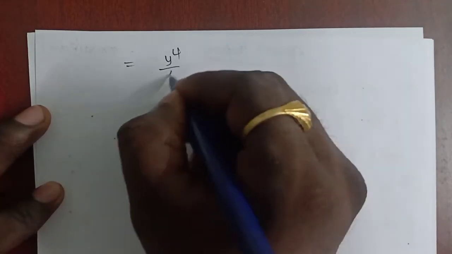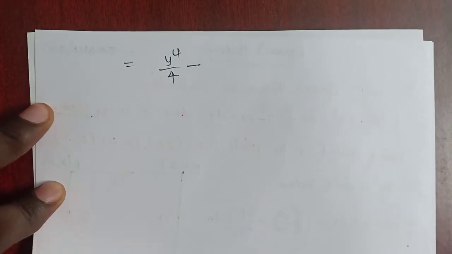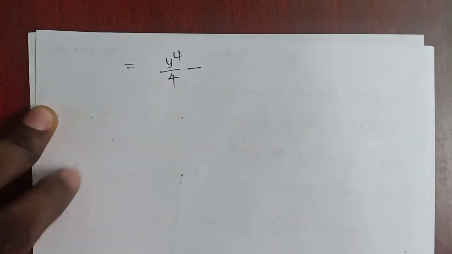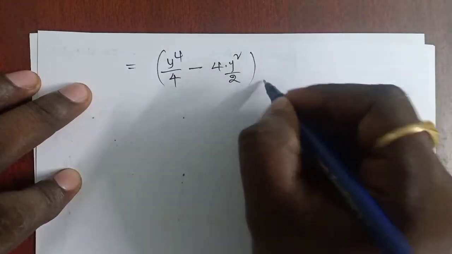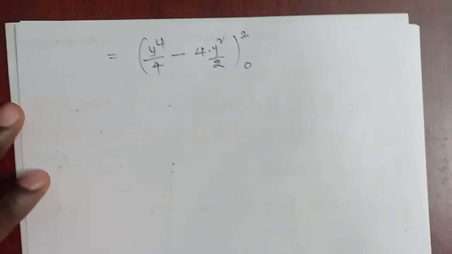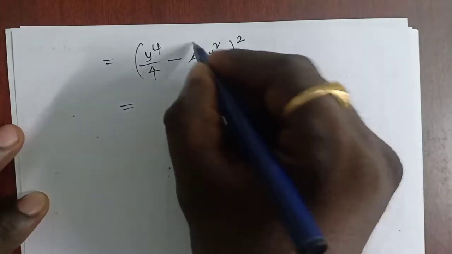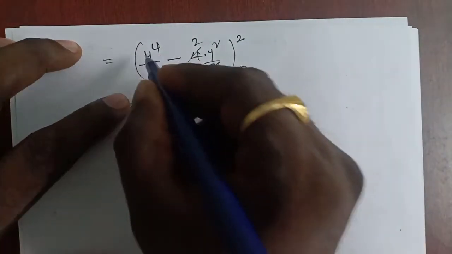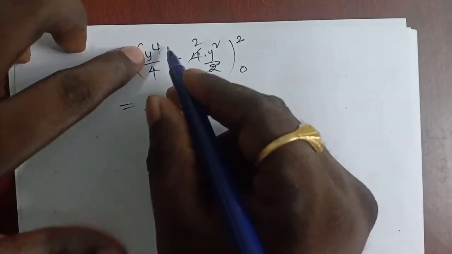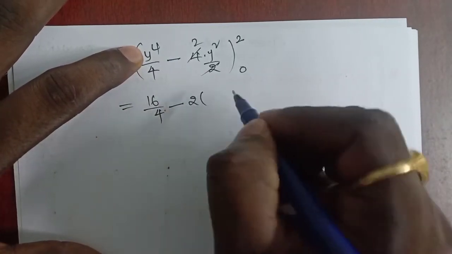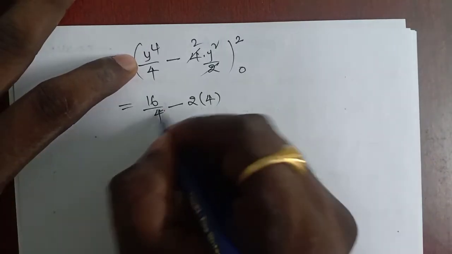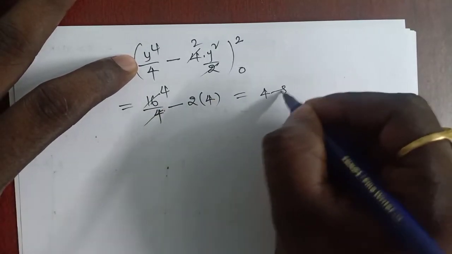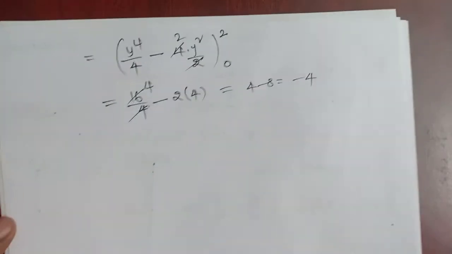Simply it is y power 4 by 4 minus, for 4y, it is 4 into y square by 2, and the boundaries are from 0 to 2. Now substitute the boundaries: 2 power 4 is 16, 16 by 4 minus 2 into 2 square, which is nothing but 4. The lower boundary is 0, no need to substitute, so 4 minus 8, which is equal to minus 4.